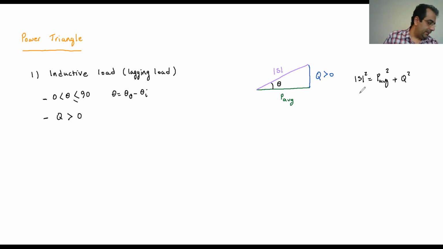So also you will see here the cosine theta, which is the power factor as well, is going to be the P average divided by the apparent power.